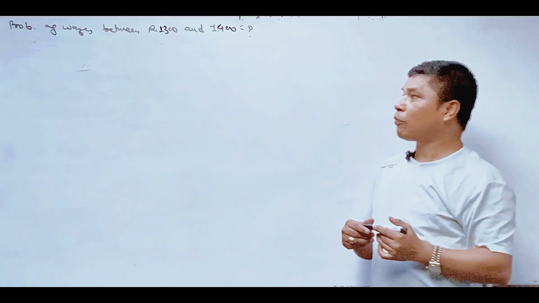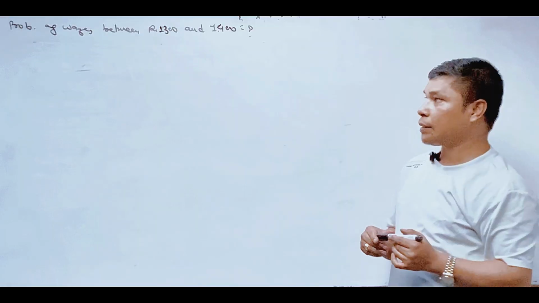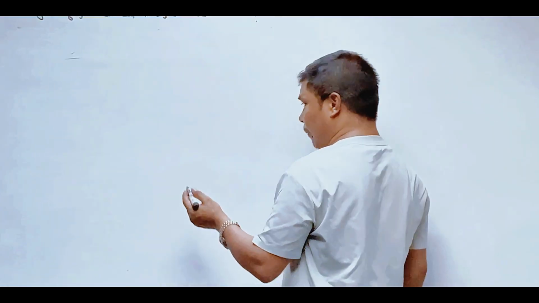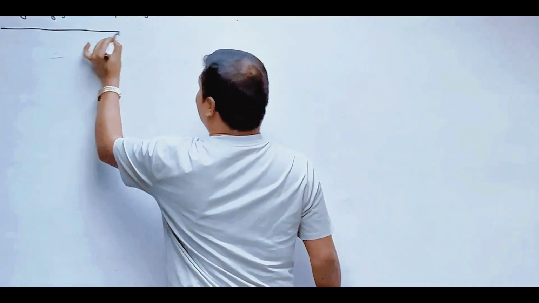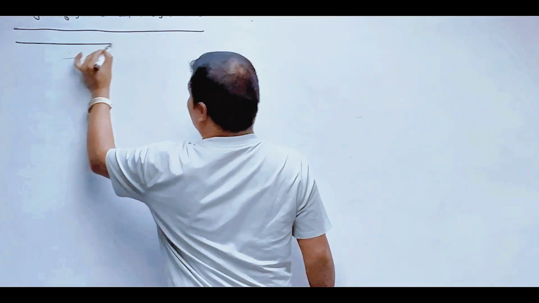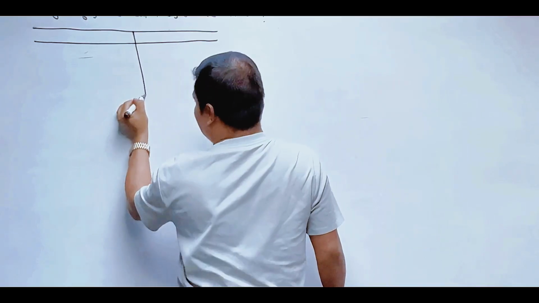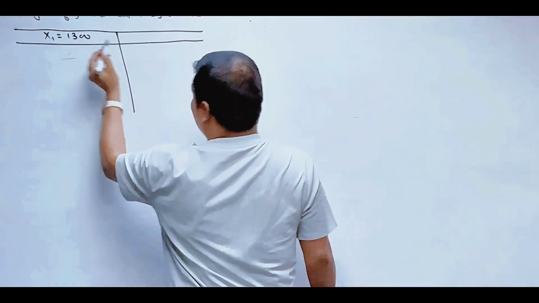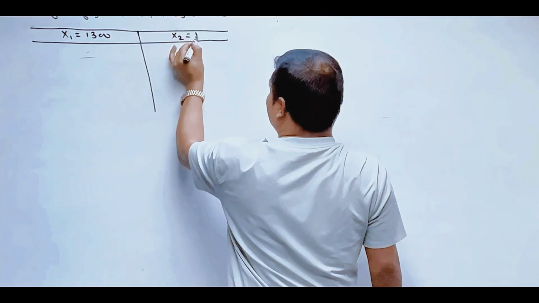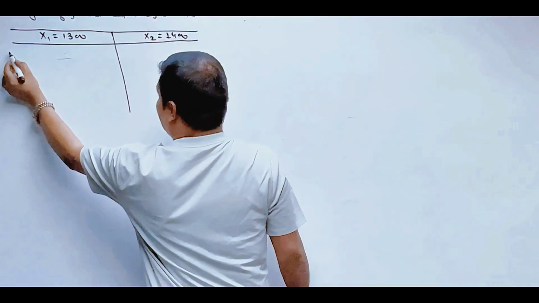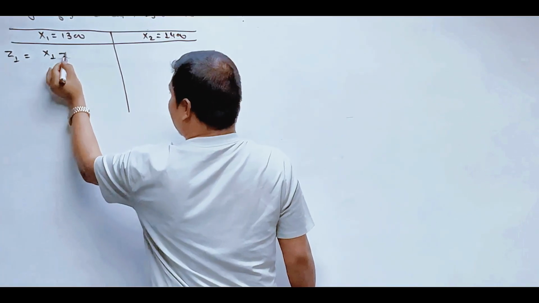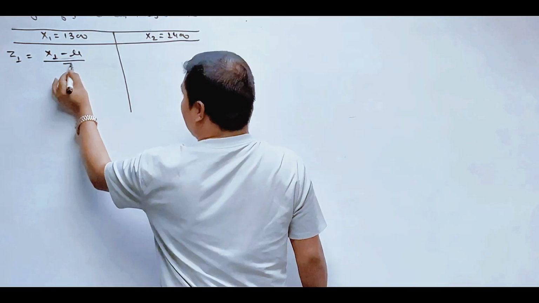And the fourth question is, what is the probability of wages between 1300 and 1400? To solve the problem, we again form a table to make understanding easier. The first variable x1 is 1300 and another x2 equals 1400. We again calculate the z score. z1 equals (x1 minus mu) divided by standard deviation.